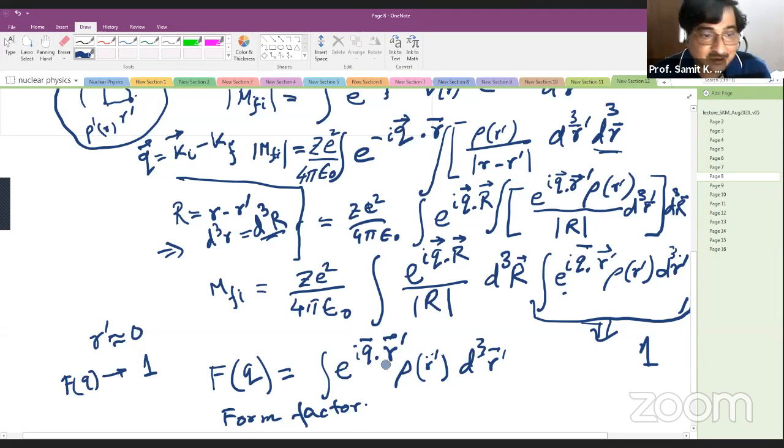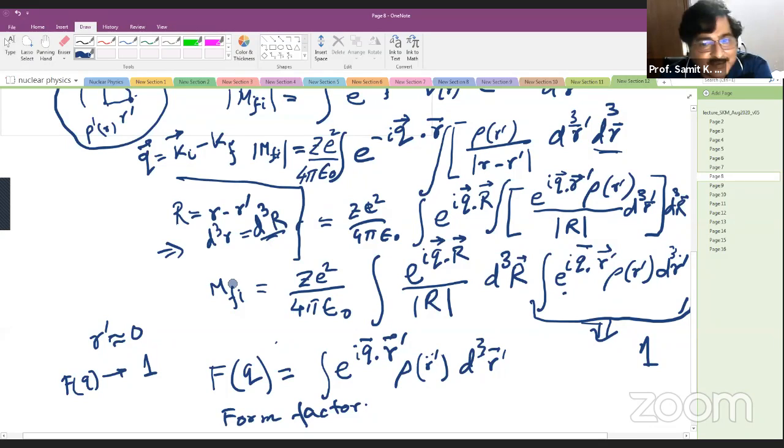Okay. So this quantity is very important to understand the nuclear size, or the nucleus radius.